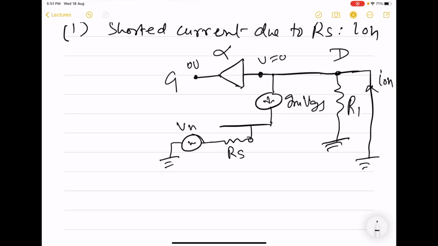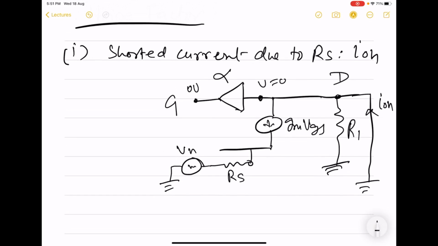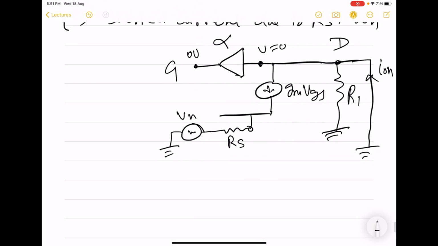Using this argument, one can guess or even claim that the circuit, at least for finding out the noise contribution of this RS, remains the same as it was earlier. And in fact, this is what it will turn out.